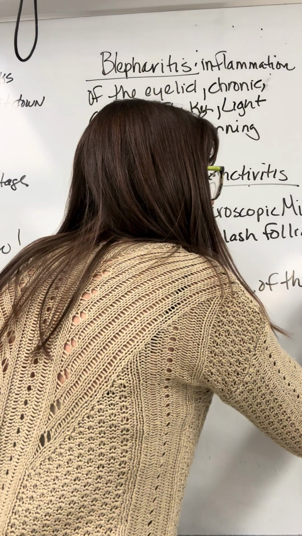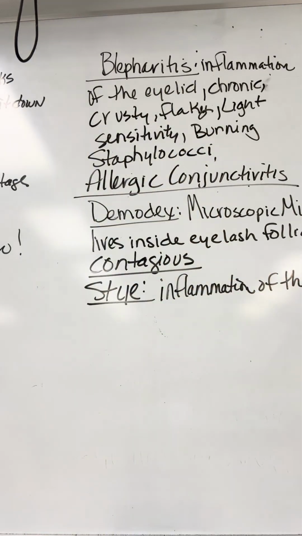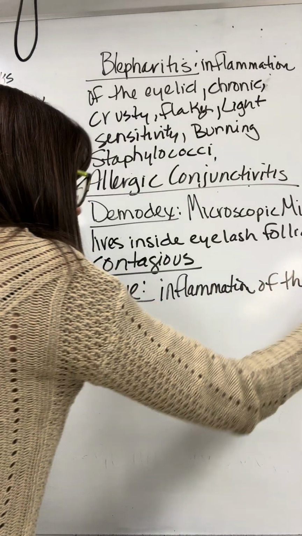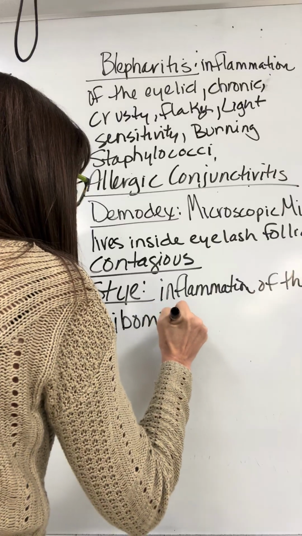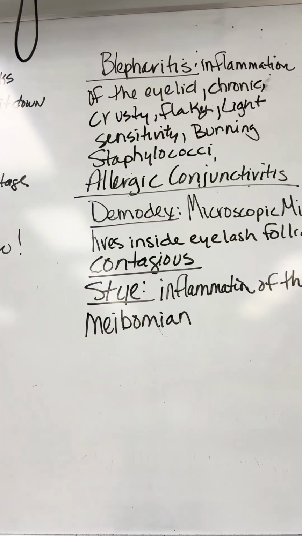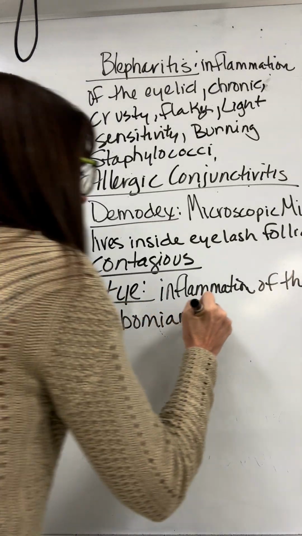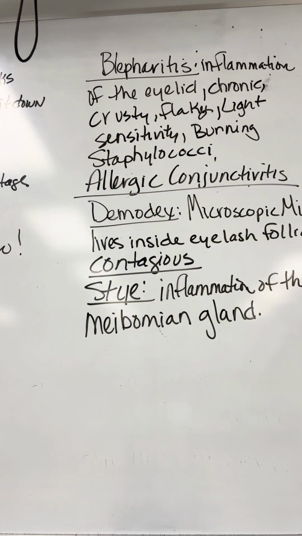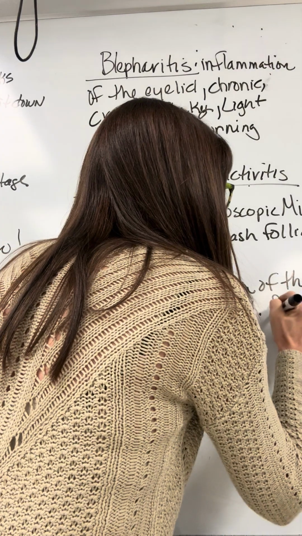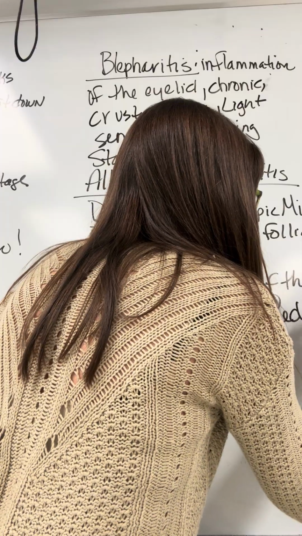Or the meibomian. I don't even know if I'm saying it right, I just sound it out phonetically. It appears as a painful red bump on the eyelid. So this is a red bump and it is painful.